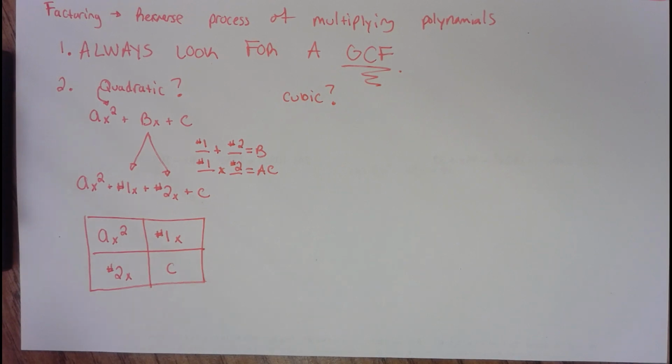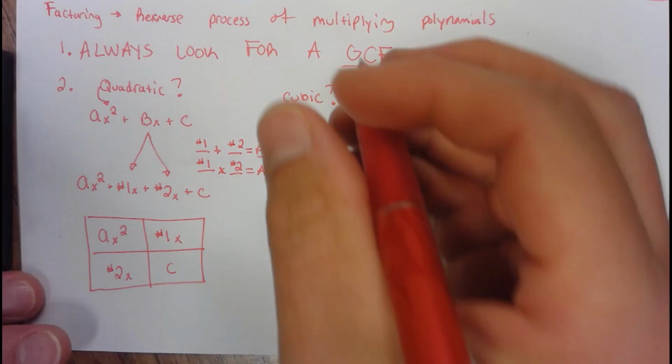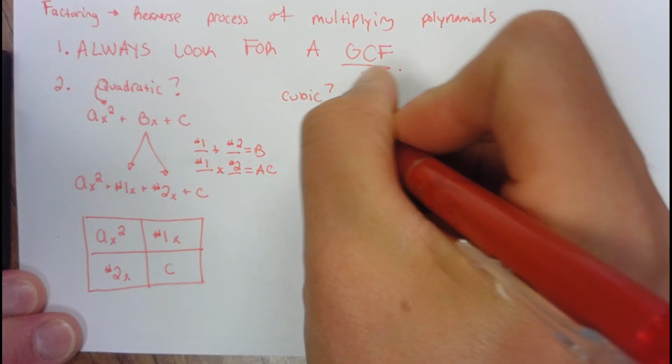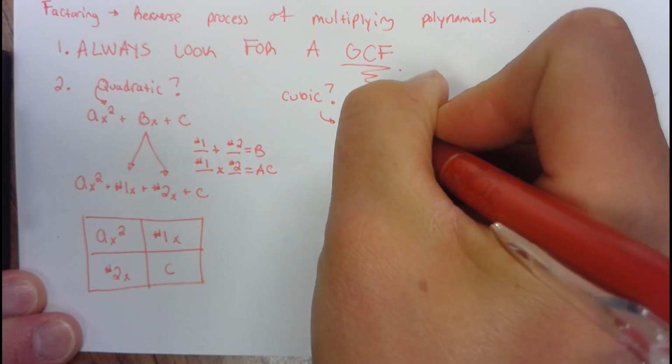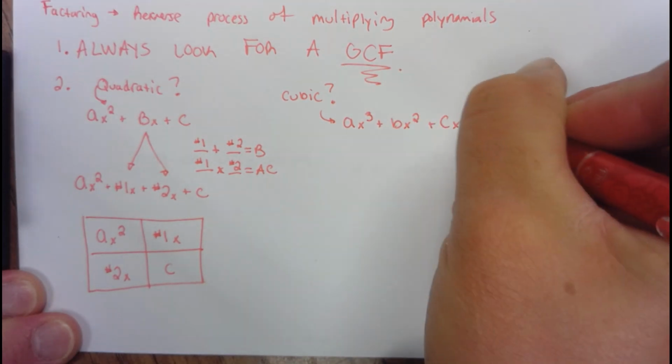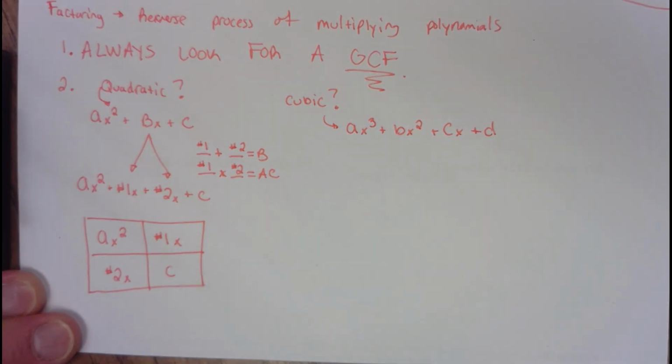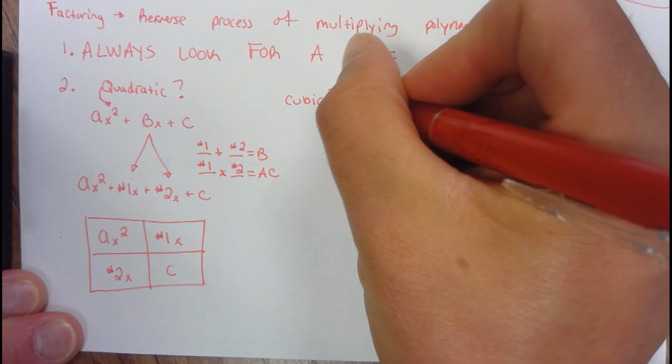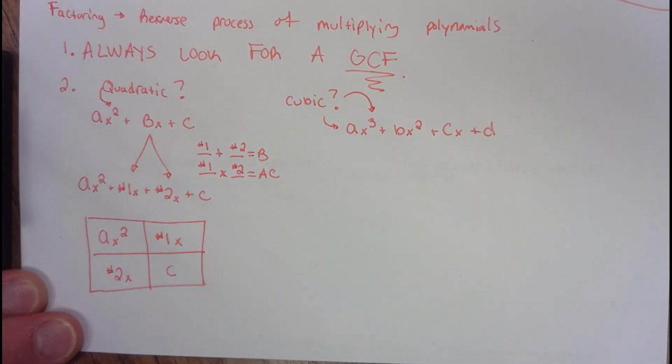All right, last one is, if we recognize that it's not a quadratic, instead we think it might be a cubic. Cubics are going to be in the form of ax cubed plus bx squared plus cx plus d. What defines this as being cubic is this exponent of 3. Having that exponent of 3 and it being the largest exponent defines that as being cubic.